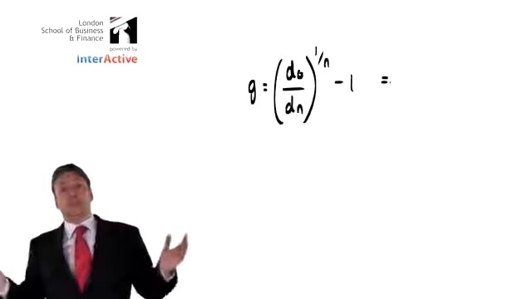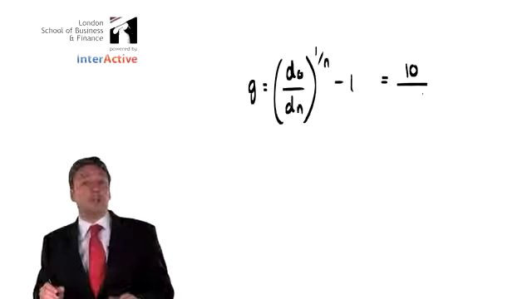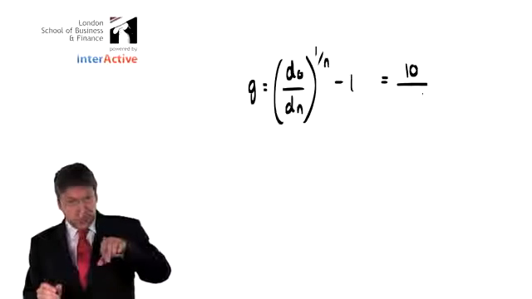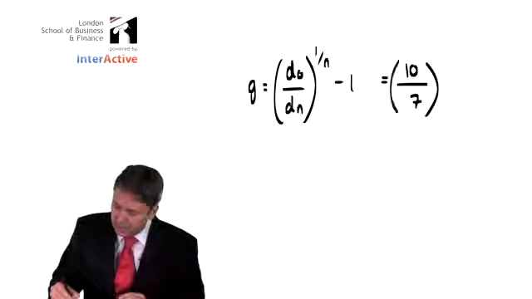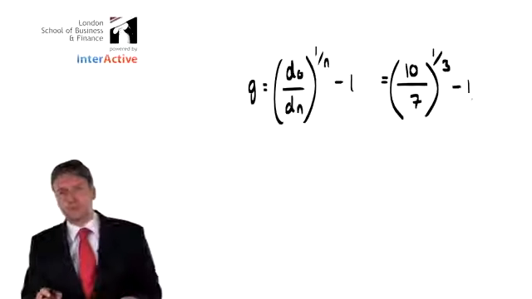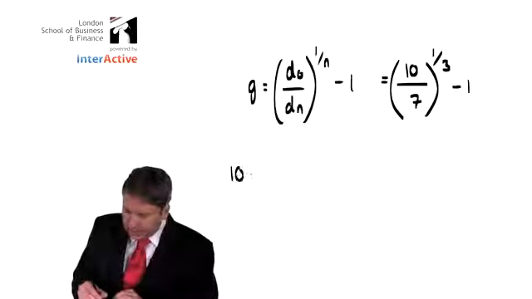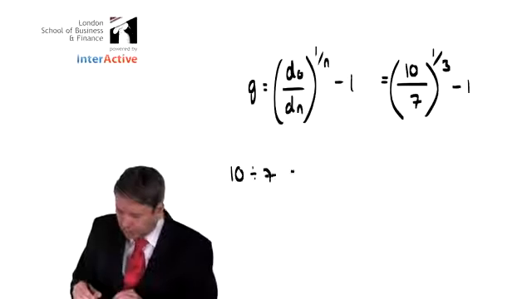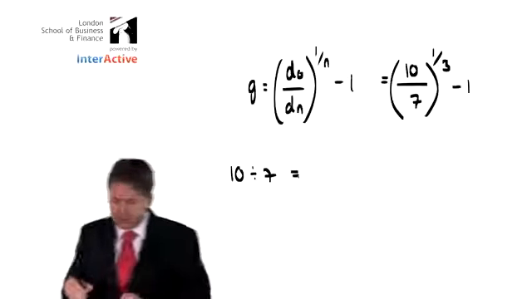d0 is the current dividend, 10, divided through by dn, the dividend n periods ago, 7, to the power 1 over 3 minus 1. I hope everybody's able to calculate this. In your calculator, I know I'm insulting your intelligence, but 10 divided by 7 equals.